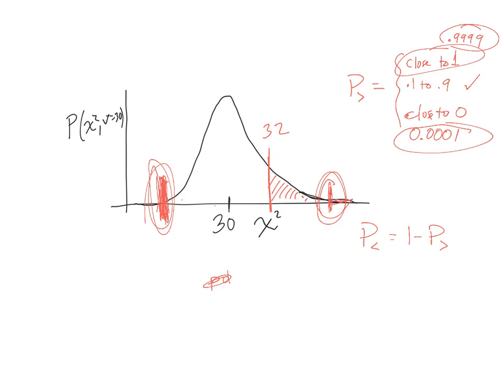I was playing with it just a little bit ago, and I've totally forgotten what it is now. So anyway, you can look it up. But MATLAB will make it very easy to calculate this if you know what your measured chi-squared was, and if you know what your degrees of freedom was.